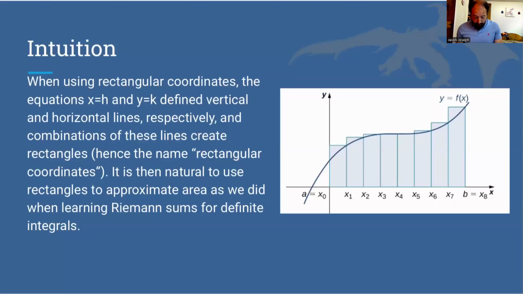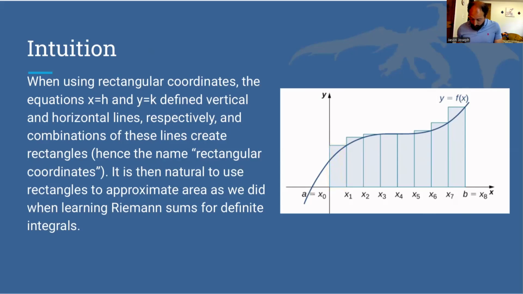So let's remember how we calculate area in rectangular coordinates. Of course, the rectangular coordinate system is a grid, and so equations in rectangular coordinates are naturally easy to compute areas for using rectangles.